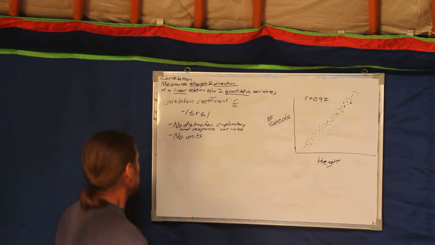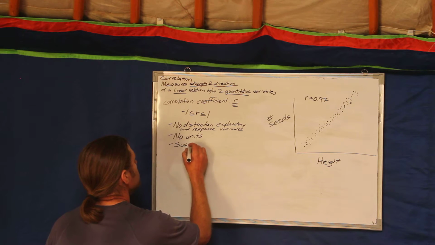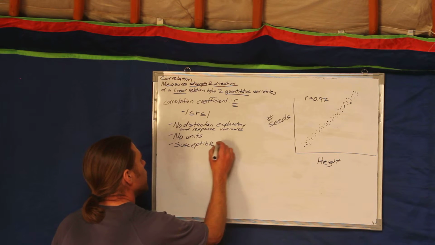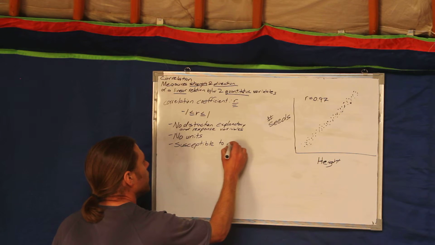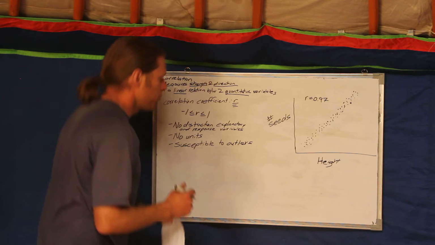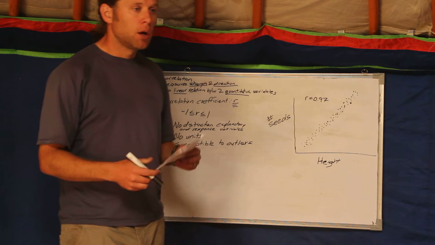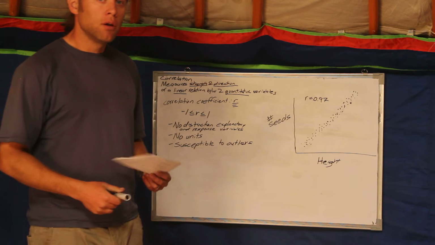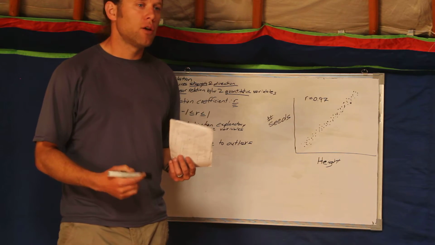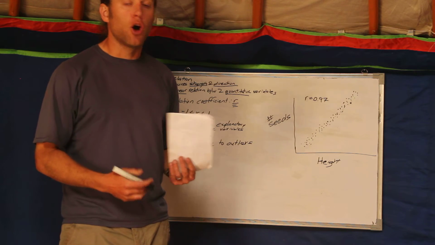The other thing, as I alluded to earlier, is that it's susceptible to outliers. So you need to be careful if you have outliers. That's very similar to a mean. If we had 10 people in this room, and we took the average weight of everybody, and let's say that 9 people weigh about 75 kilos, and then one person weighed 180 kilos.